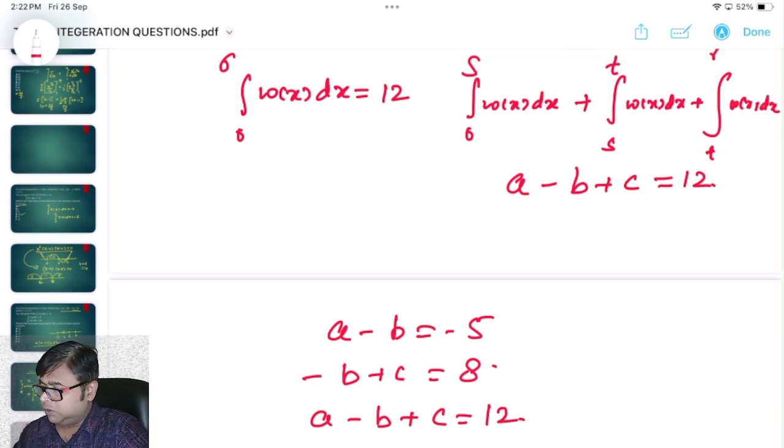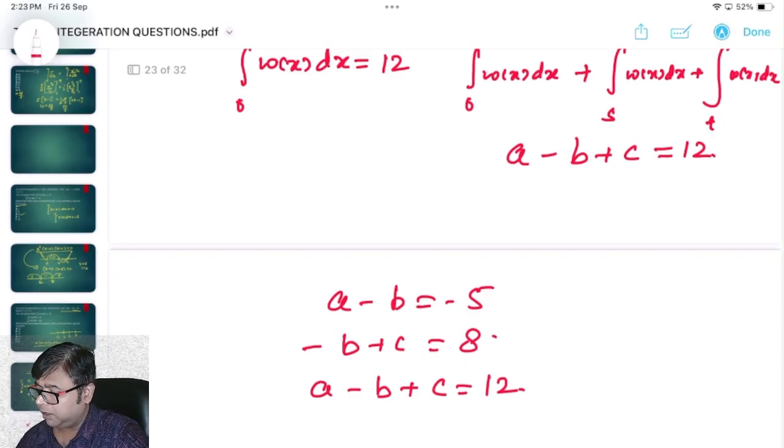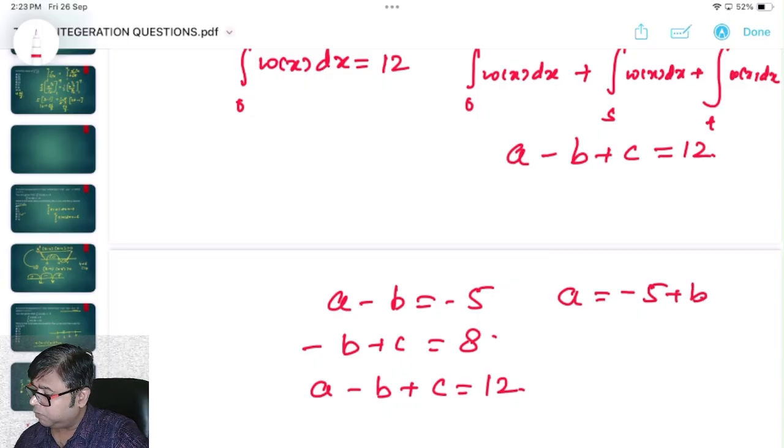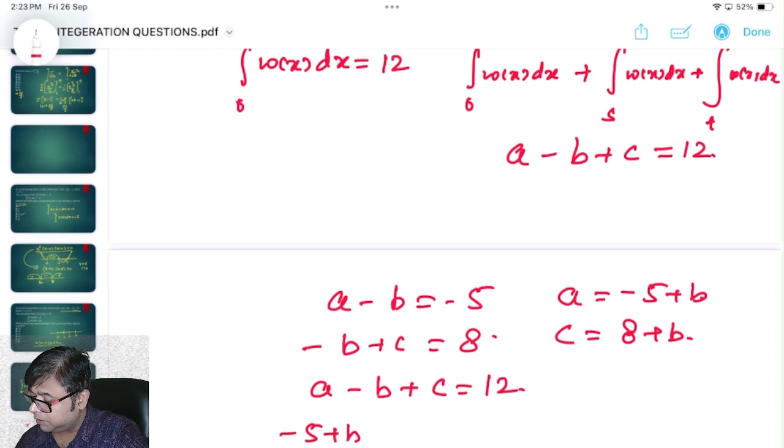Now I have to separately find the value of A and C. A is minus 5 plus B, and C is 8 plus B. Let's substitute it here: minus 5 plus B, minus B, plus 8 plus B is equal to 12.